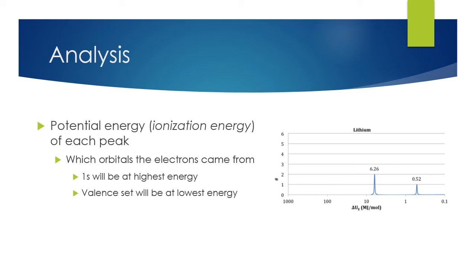In this case, you'll notice the axis has been flipped so that bigger numbers are on the left and smaller numbers are on the right for energy. Technically, a photoelectron spectrum can be graphed either way, although this way is much more convenient because that means out of the 2 that is shown, the peak at 6.26 is the 1s. So you can read from left to right that we have 1s electrons and 2s electrons.